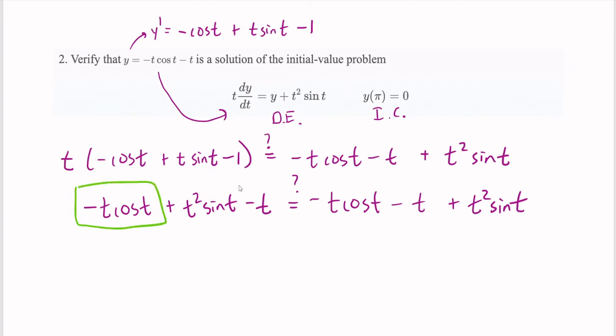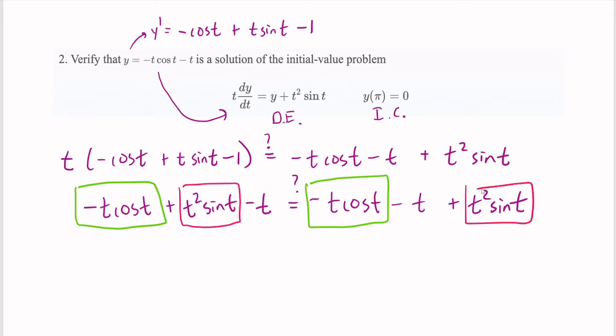Negative t cos t, negative t cos t. All right, 1 for 1. t squared sine t. Oh, 2 for 2. What is left? Finally, I got a negative t and a negative t. Check. Left side equals right side.